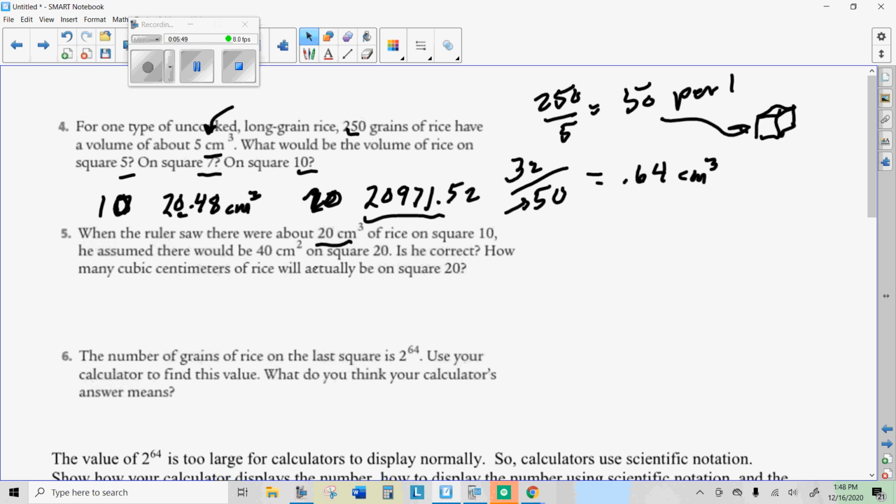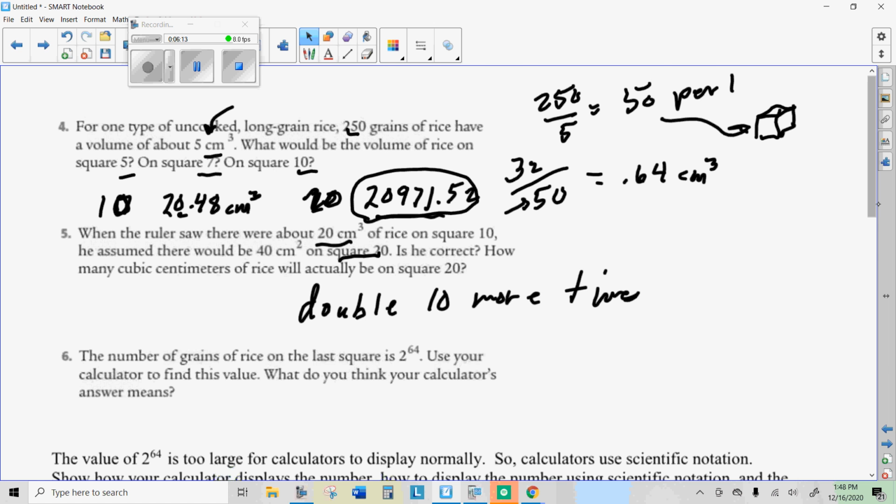He thought that by the time we got to square 20, we would need to double this. So how many will actually be on square 20? That's because you are doubling just to get to the next square, right? So you're doubling 10 more times to get from square 10 to square 20.